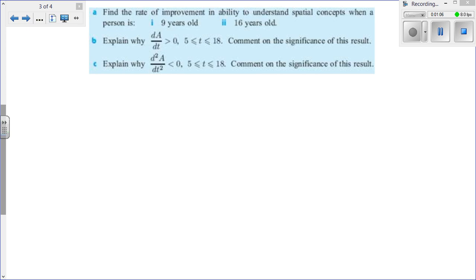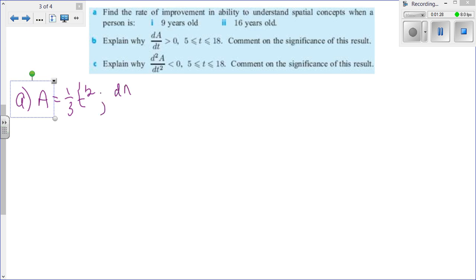So, for part A, we have A is equal to 1/3 t to the 1/2. And it asks us to find the rate of improvement. Every time it asks us to find a rate, that means we have to find our derivative.